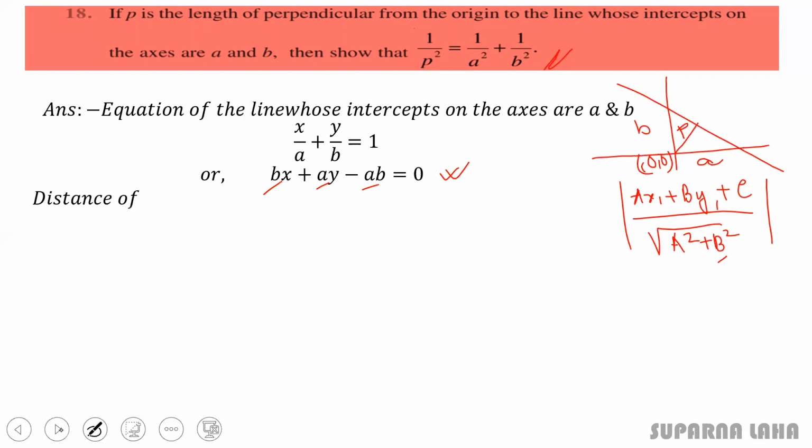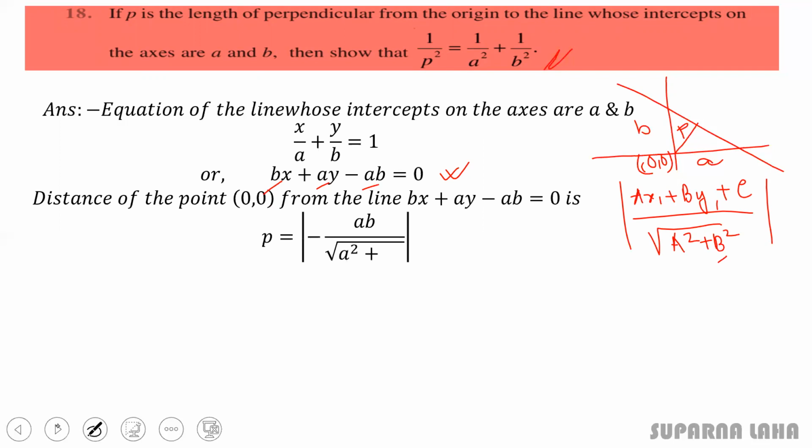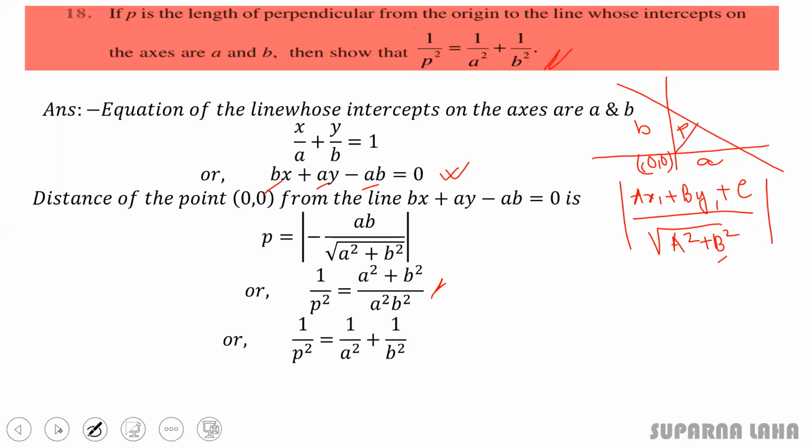So the distance from the origin to the line is ab by root over a square plus b square. Now squaring both sides and taking the reciprocal, 1 by p square is equal to a square plus b square by a square b square. Now separate this right hand side. Divide it by a square b square. So a square cancels, and the remaining terms are 1 by b square and 1 by a square. So 1 by p square is equals to 1 by a square plus 1 by b square. So this is proved.